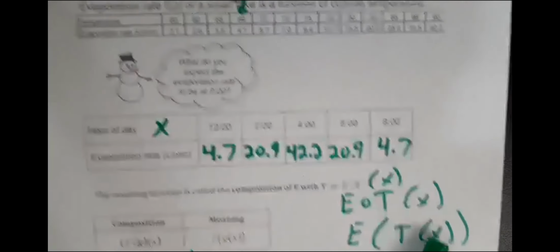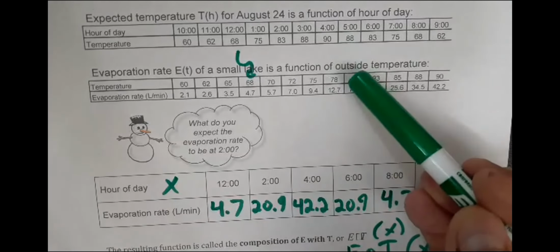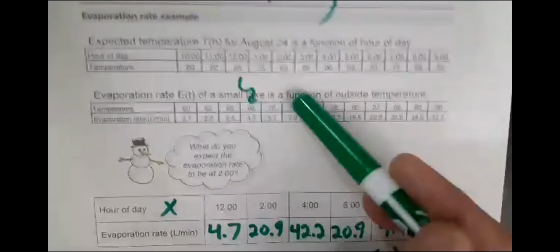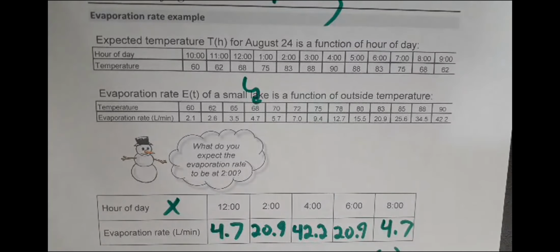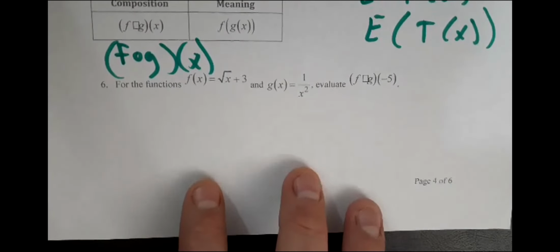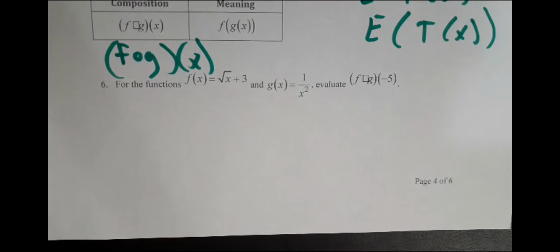I plug the temperature, which is a Y value here, into this one as an X value. So my Y from the first one becomes my X in the next one. We're plugging one function into the other. So going over a few examples to get this a little bit more solidified.